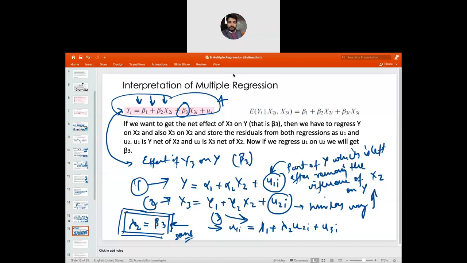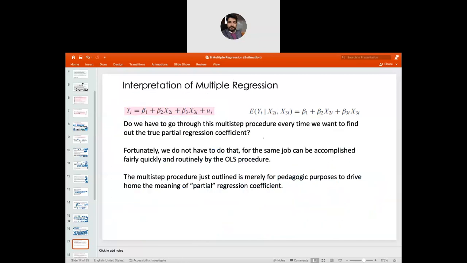Yeah, great. So run these 3 regressions and you would find this result that lambda 2 would be equal to beta 3. All right, now we have run 4 regressions, right? But we don't have to run 4 regressions to get beta 3.